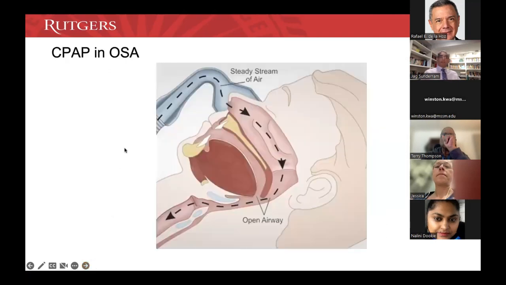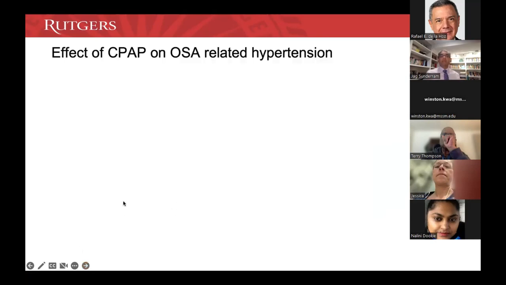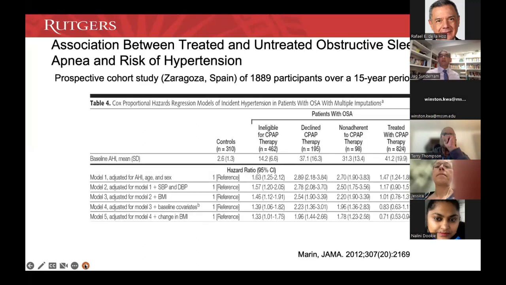So what's the data on CPAP in OSA? Let's quickly go over the effect of CPAP on various outcomes, cardiovascular events.